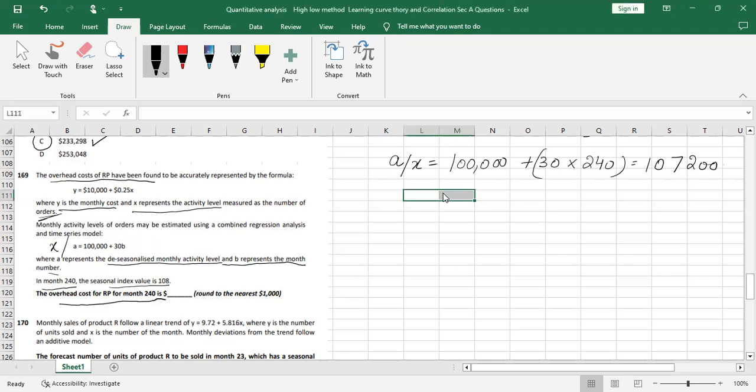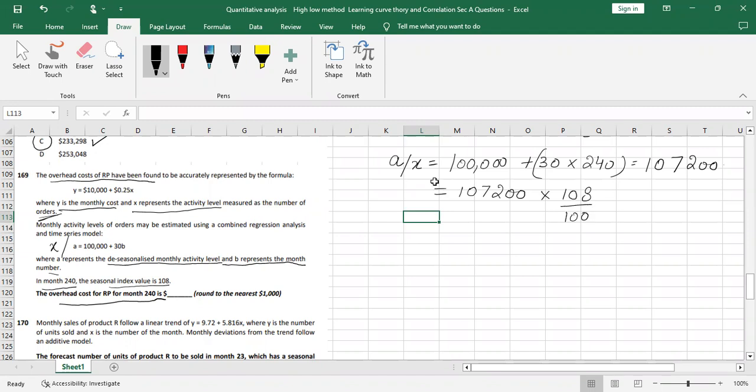First, we will adjust this value with the seasonal index value. Seasonal index value of 108 means 107,200 will be your number of orders, but our trend says that in the month of 240 there could be an increase in demand by 8%, which is represented by 108 divided by 100.